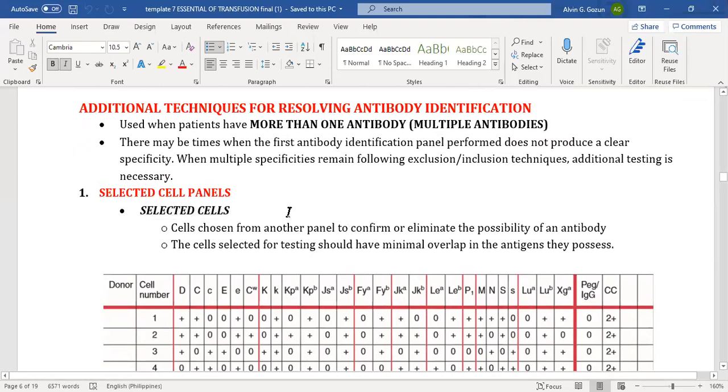So we can use, first one, selected cell panels or selected cells. These are cells chosen from another panel to confirm or to eliminate the possibility of an antibody. So the cells selected for testing should have minimal overlap in the antigens they possess. So pwede tayo gumamit ng selected cells.